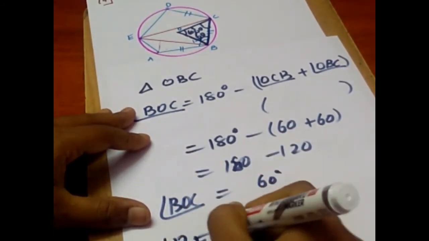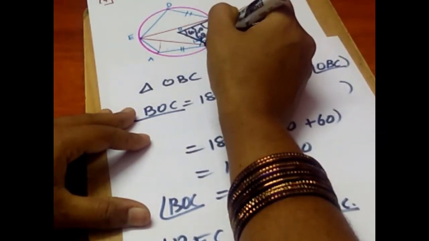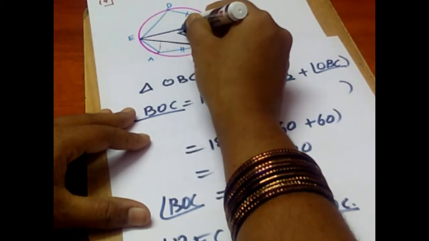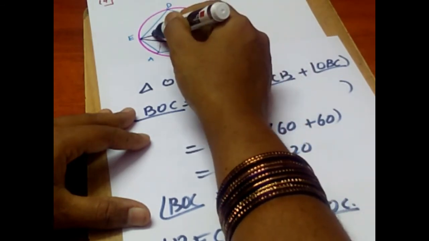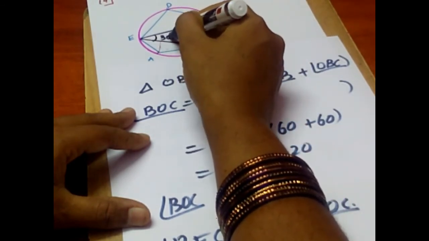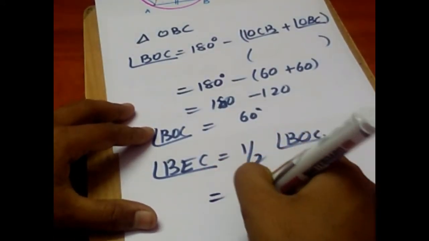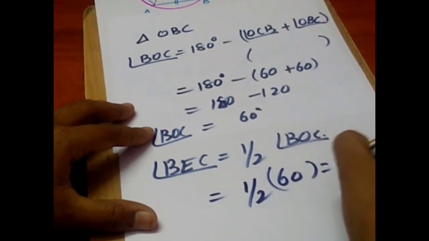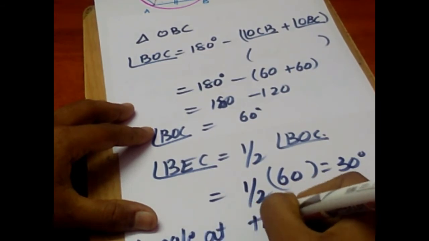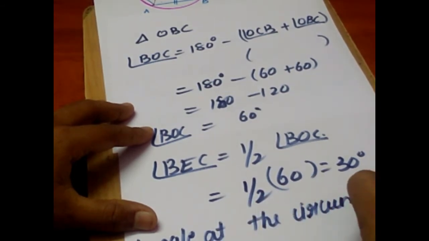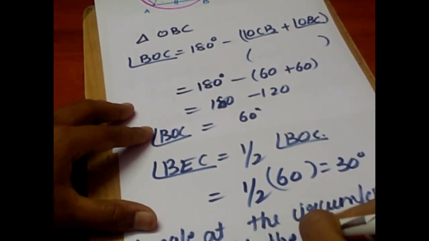We know that angle BEC is half of angle BOC because BEC is the angle at the circumference and BOC is the angle at the center. Hence, the measure of angle BEC is equal to 30 degrees. Write the same, children. That is half of 60, which is equal to 30 degrees. Reason, the angle at the circumference is half the angle at the center.